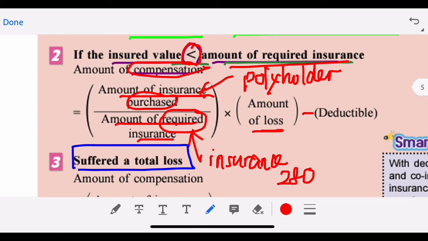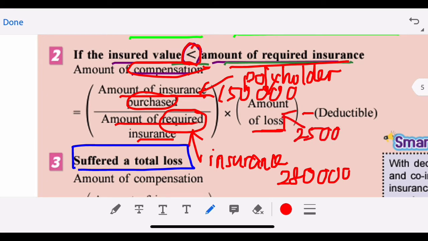The insurance purchased is 150,000, the loss is 25,000, and the deductible is 2,000. So we plug in the figures: 150,000 divided by 280,000, times the amount of loss, 25,000, and then minus the deductible, 2,000.